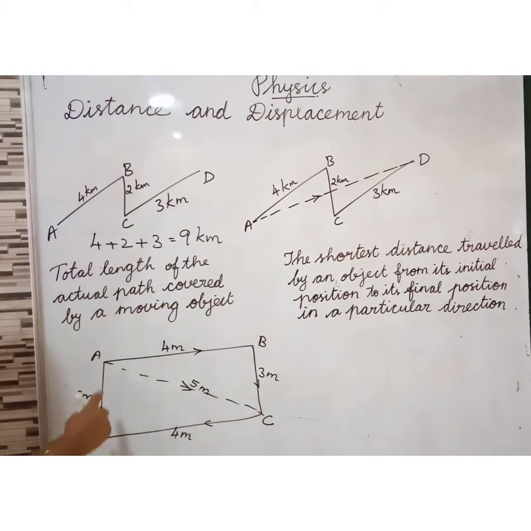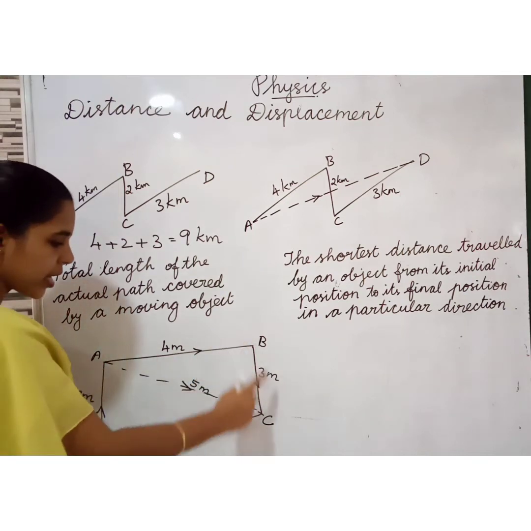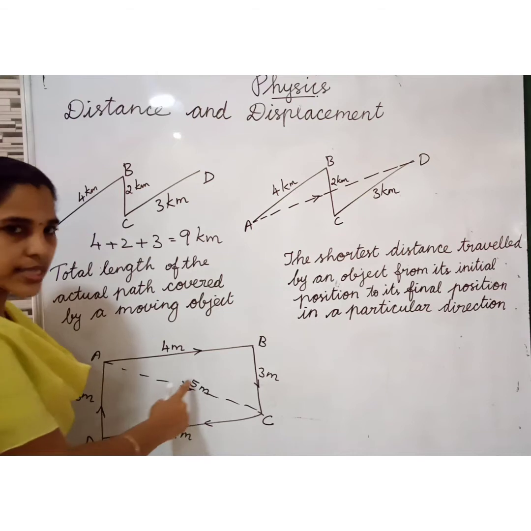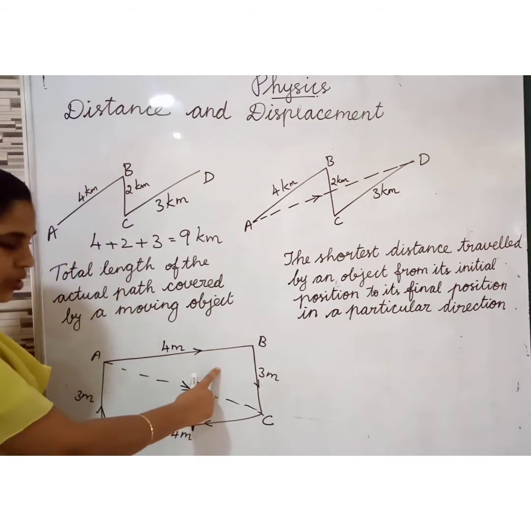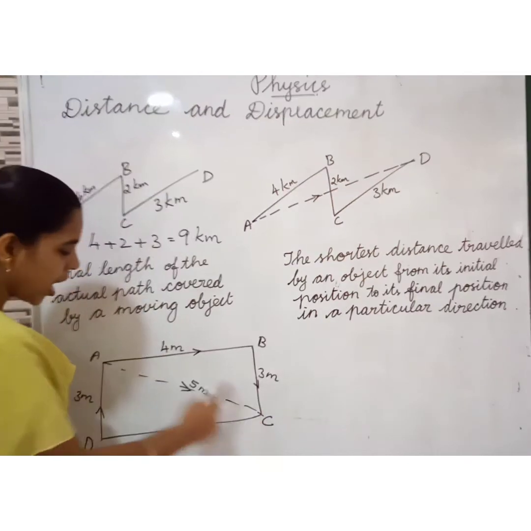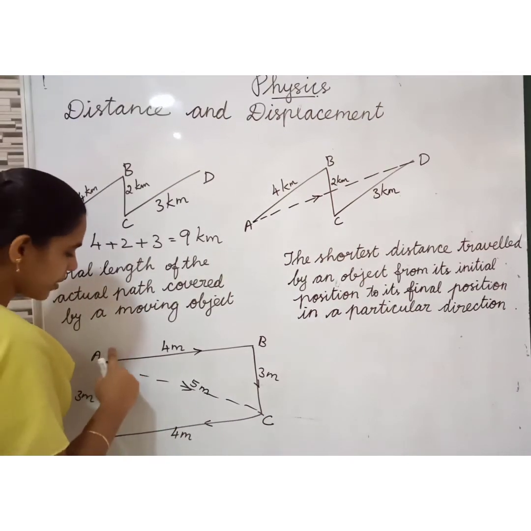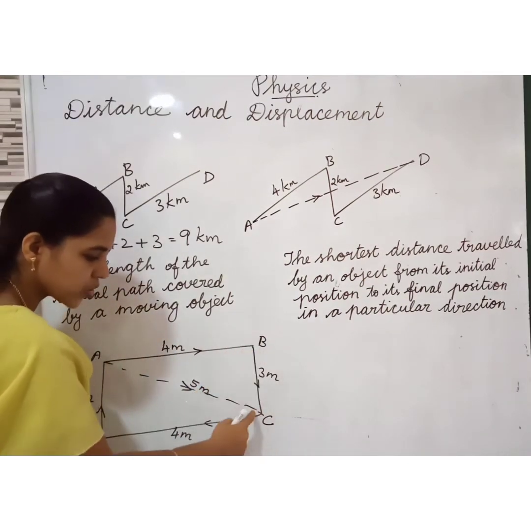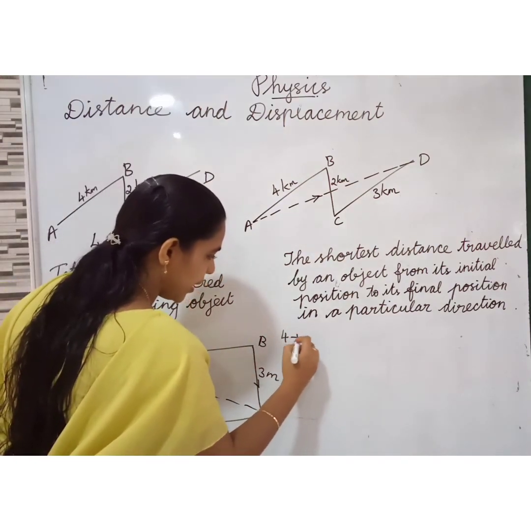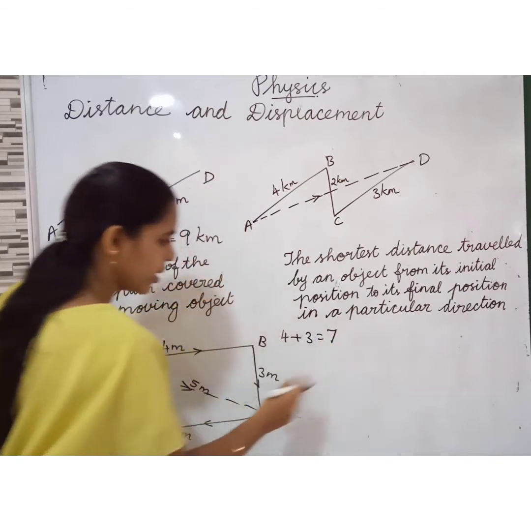Next one, listen here, A, B, C, D. How to find the distance and displacement? Distance: the vehicle is moving from A to C. How will it move? From A to B, then B to C. So 4 plus 3 equals 7.